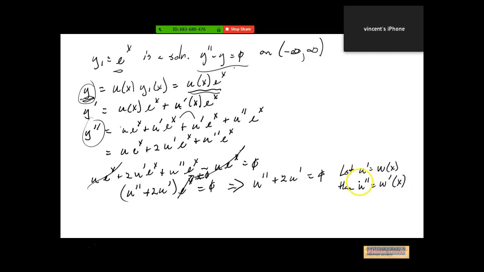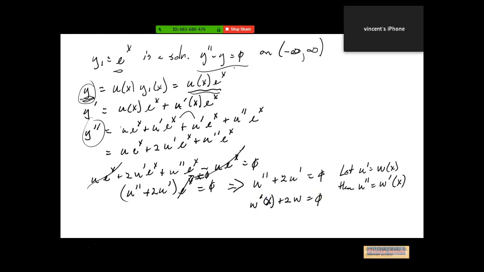The derivative of u prime is u double prime, so the derivative of w is w prime. So our new equation here is w prime of x plus 2w, I'm going to leave off the of x's, is equal to 0.